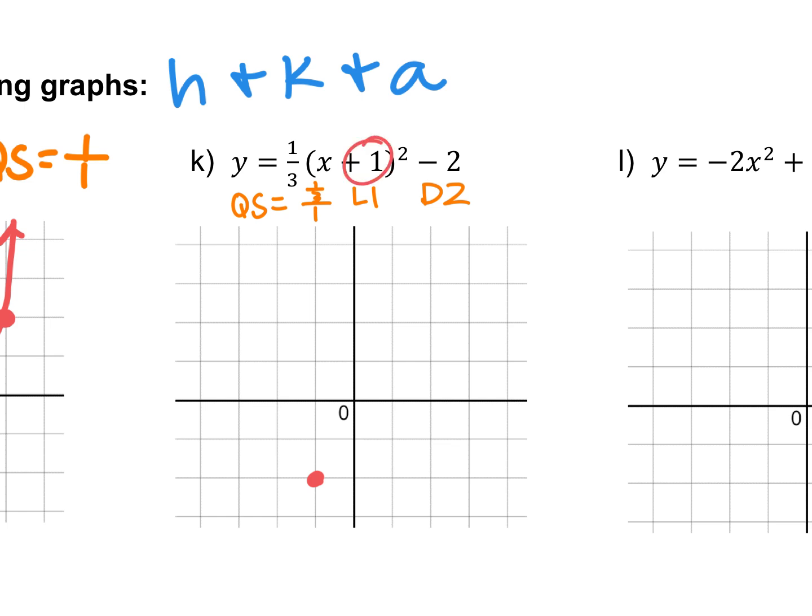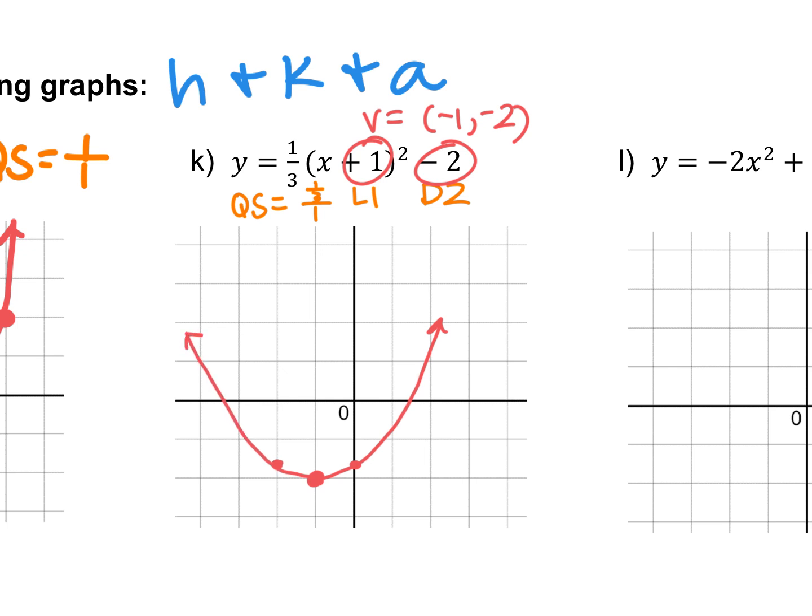When you have both, they're both the vertex, because we go left and down. So the vertex here is -1, -2. Now, our quote slope is 1/3 over 1. So I'm going to go up 1/3, right and left 1. So just barely up. And what that means is that it's a lot wider like this.